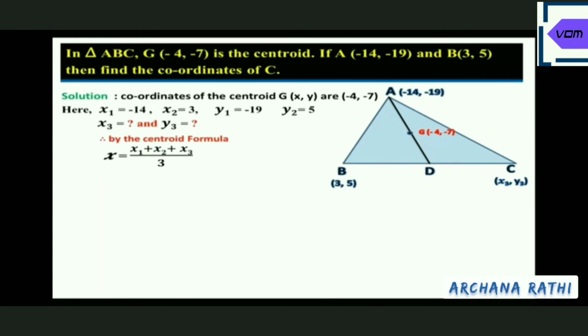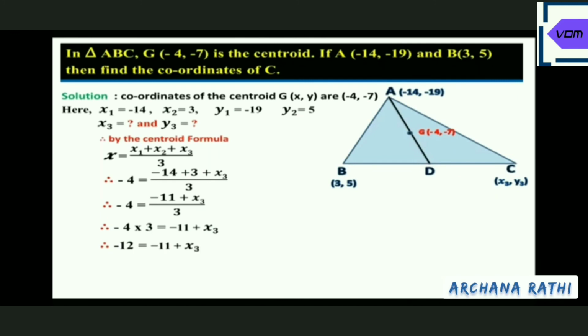Now put the values. As we know, x is equal to -4, equal to (-14 plus 3 plus x3) upon 3. Now solve this for the value of x3.